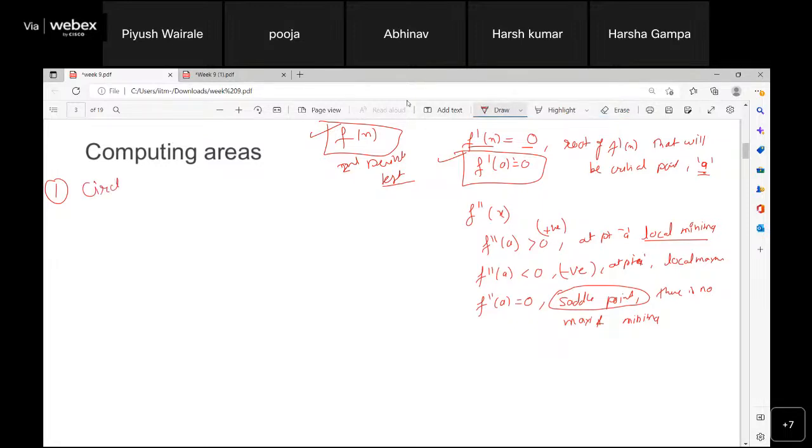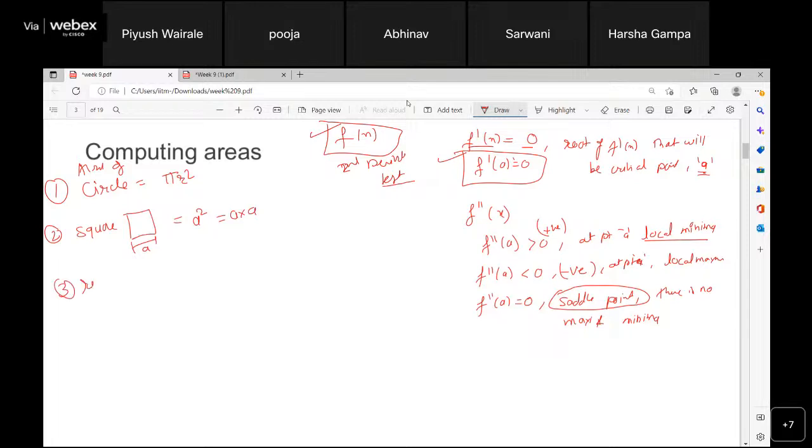Area of a circle is pi r square. Second, this is my square. If I have length a, the area will be a into a, a square.